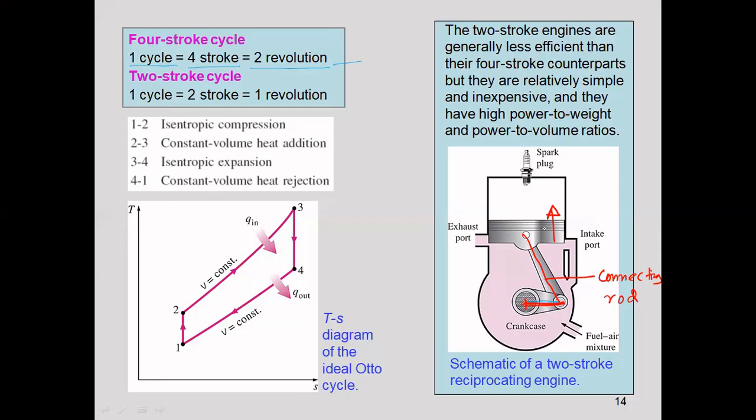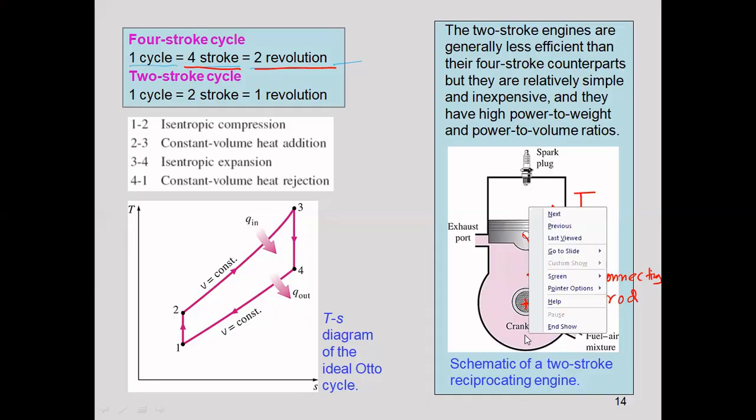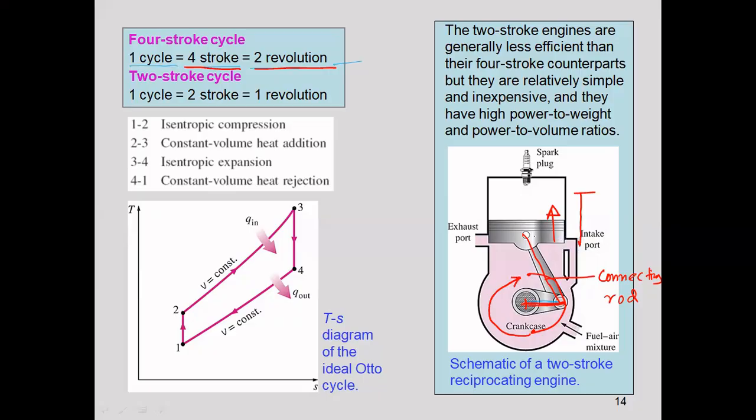But the idea is that for four-stroke, there will be two revolutions. Four-stroke means, as you can see, that if the piston moves from TDC to BDC, the crank will rotate from this point to this point. That is a 180-degree rotation. Again, if the connecting rod moves back here, then the piston will move from BDC to TDC.